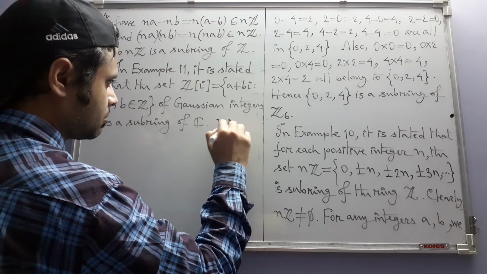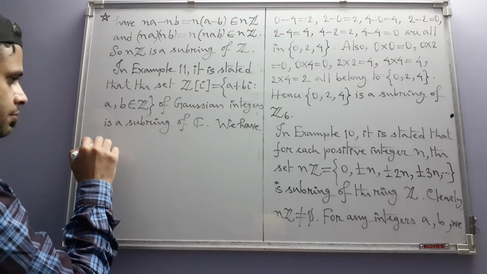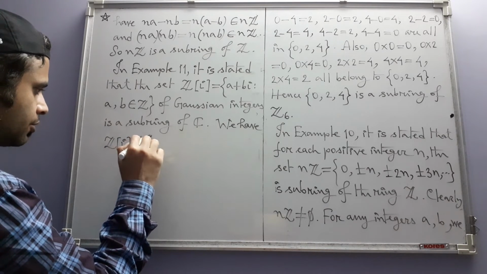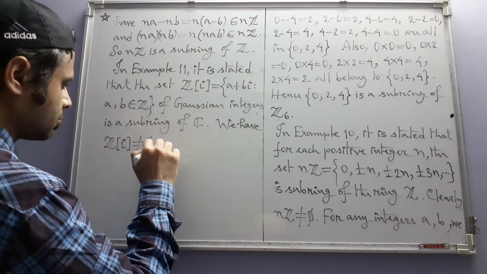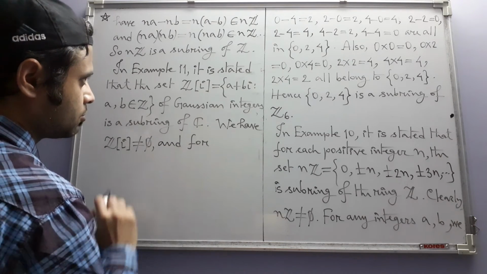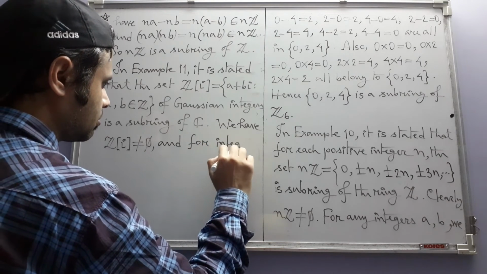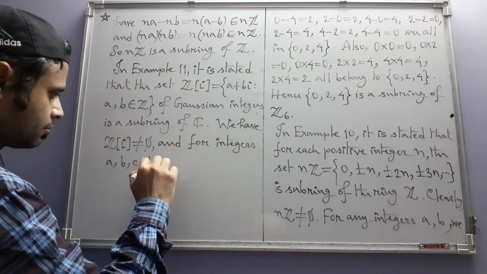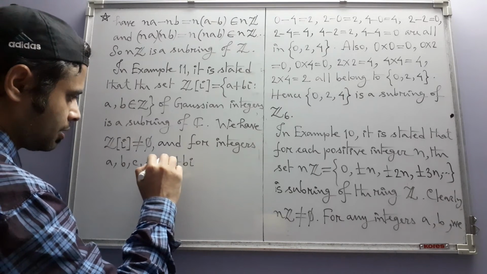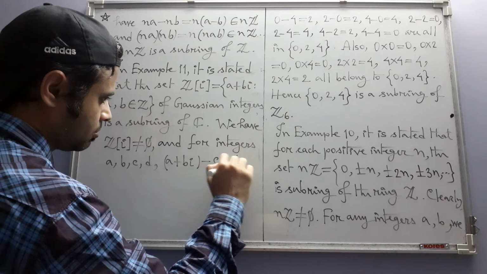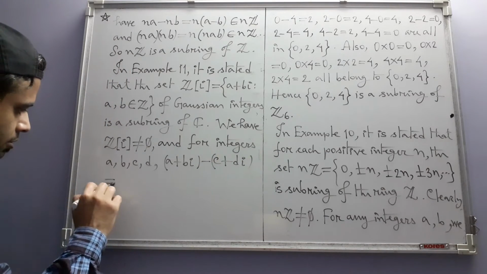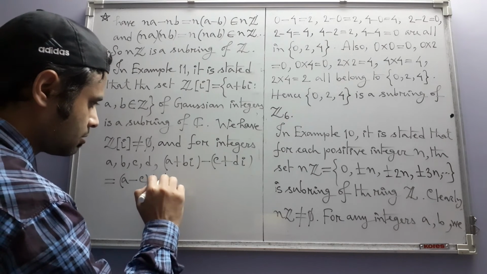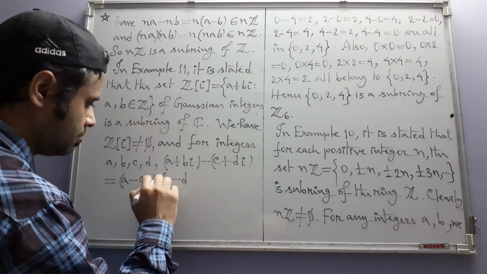Non-emptiness is obvious, and for integers a, b, c, d, (a plus bi) minus (c plus di) equals (a minus c) plus (b minus d) times i.